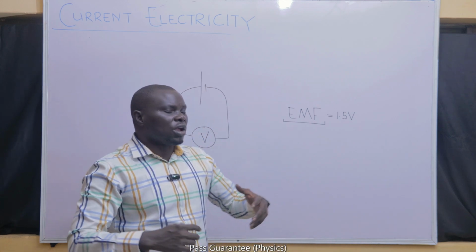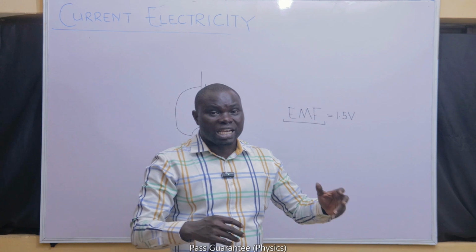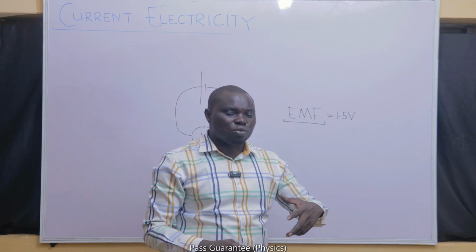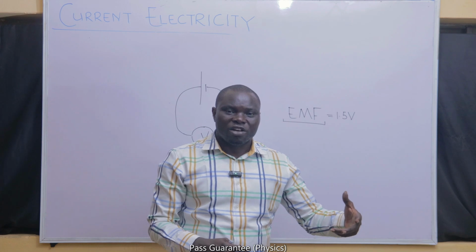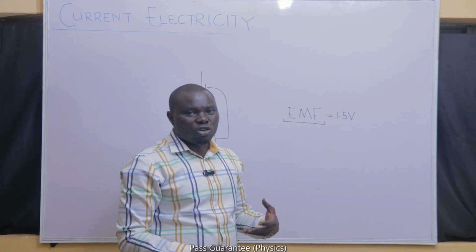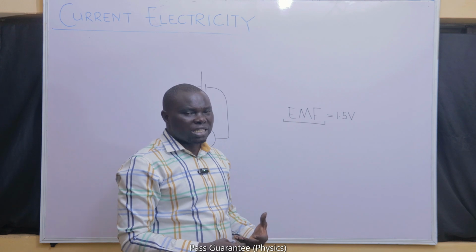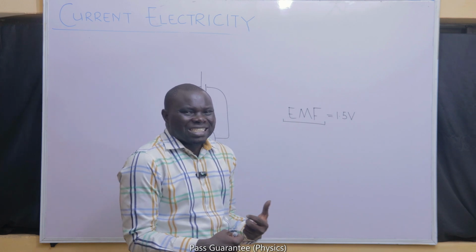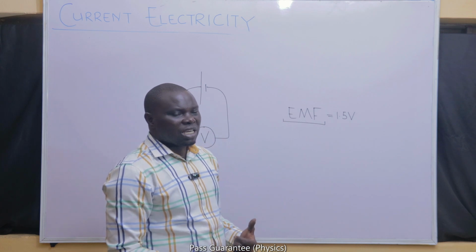So if the cell works for a long period of time, you will naturally expect that the forces of polarization will catch up with whatever depolarizer you have put there, and ultimately the operation of the cell will be greatly affected. When the cell works for a long period of time, it starts to build internal resistance within it.